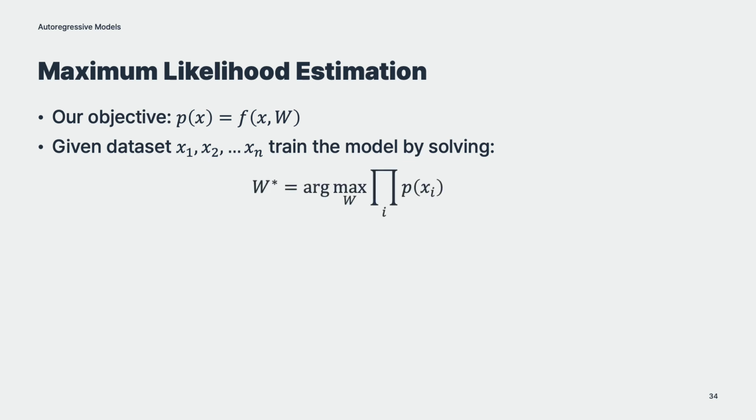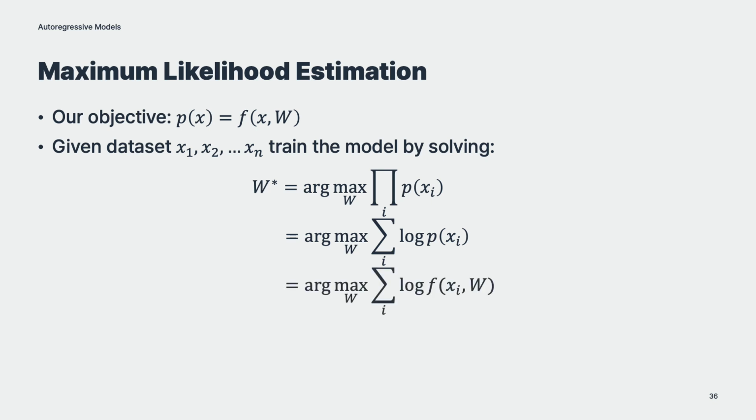Let w star be the parameter that maximizes the probability of observing the data xi. Since this is an argmax problem, we can safely apply a log and rewrite it as the summation of log p of xi. If we define a likelihood function with parameter w, it leads to this form.